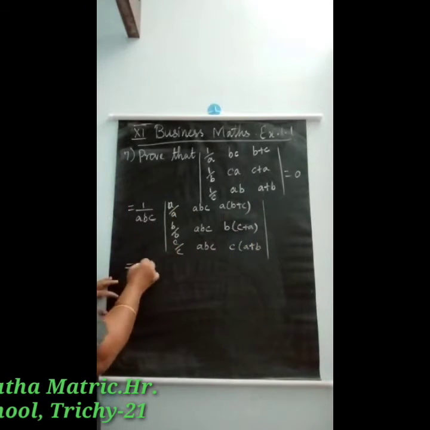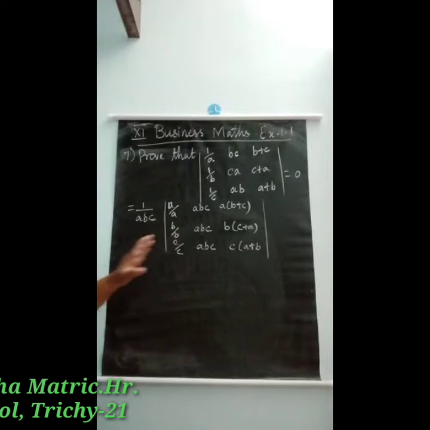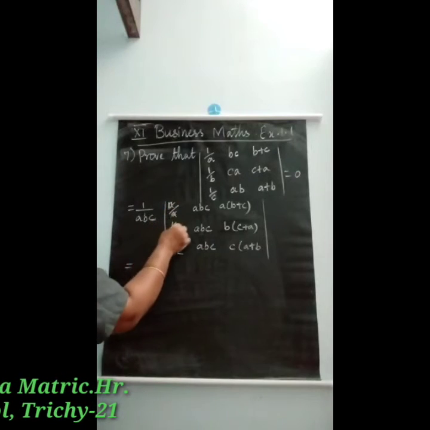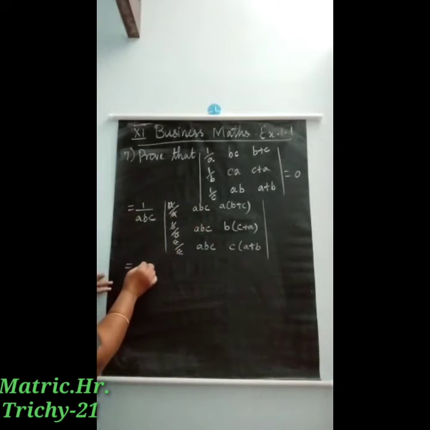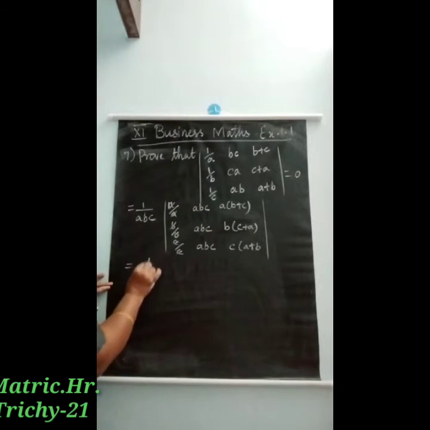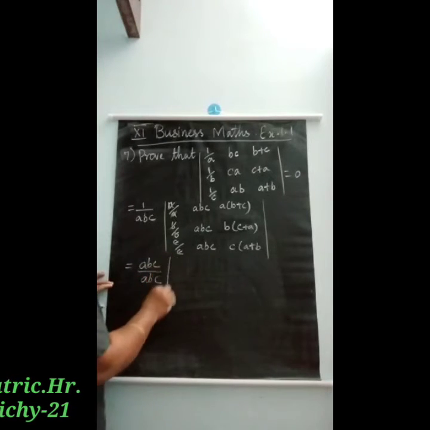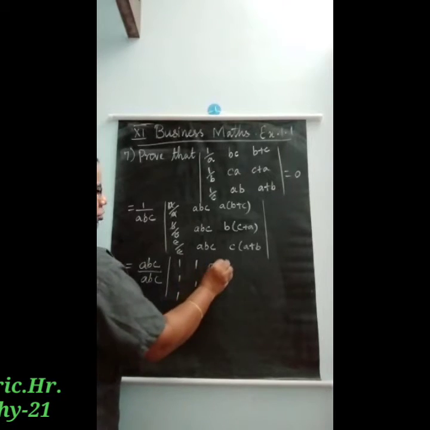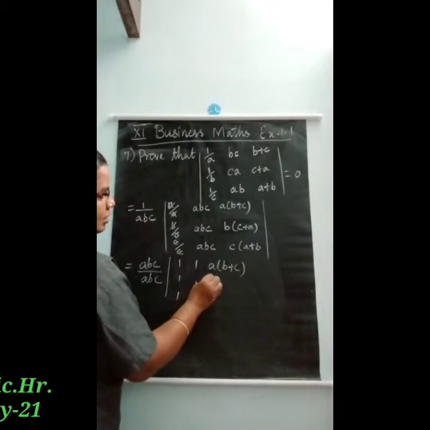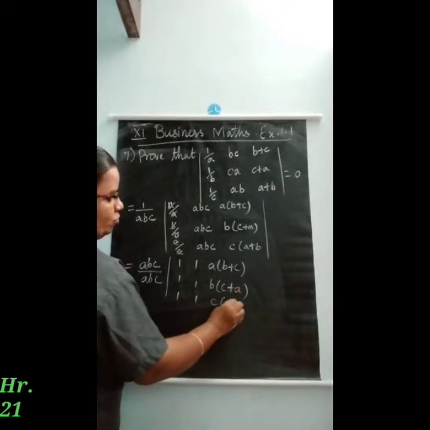That is equal to, next step we have to take out abc common out of the second column. We will get this one cancelled. So automatically this will come 1, and abc taken outside from the second column means abc divided by abc. 1, 1, 1. Here also 1, 1, 1, and a into b plus c, b into c plus a, c into a plus b.